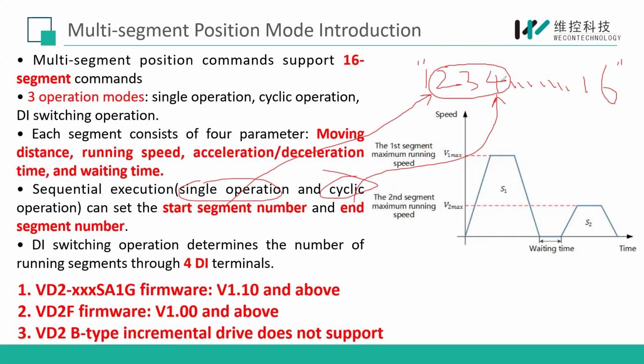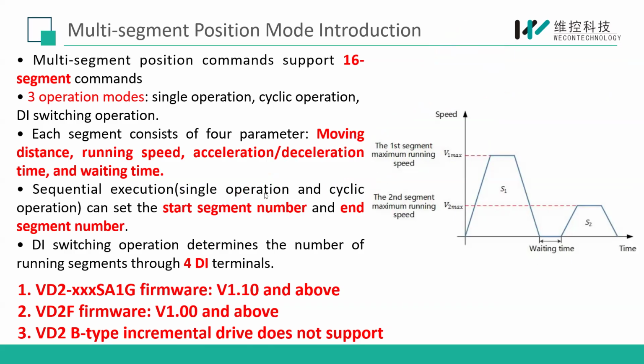For cyclic operation, after 2, 3, 4 finish running, the motor will continue to run segment 2, and then 3, and then 4, and like this, cyclically moving. So for these two modes, we can set the start segment and the end segment number. And the last operation is DI switching.